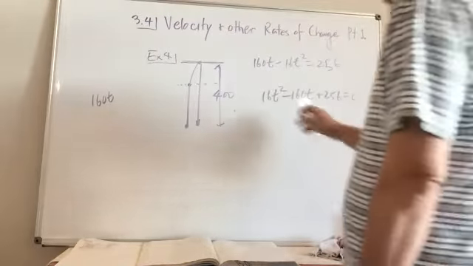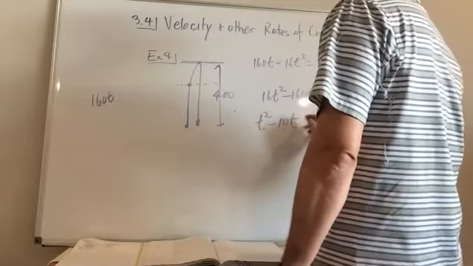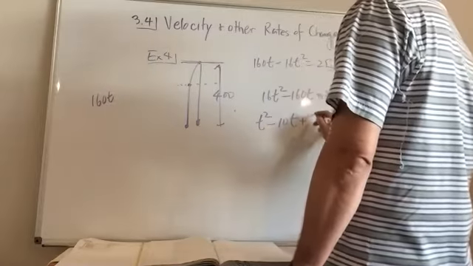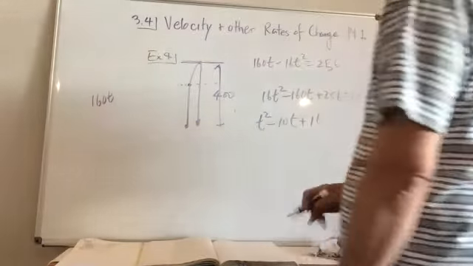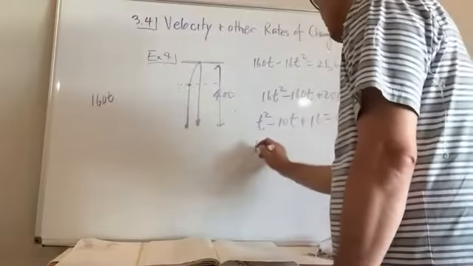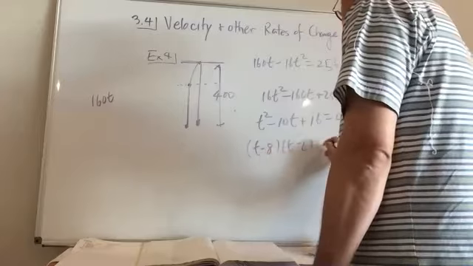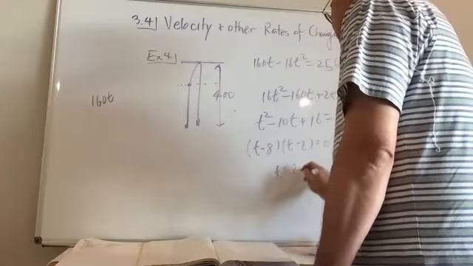It looks like everything's divisible by 16. t squared minus 10t plus 16 is equal to 0. So this is going to be t minus 8, t minus 2 is equal to 0. So t is equal to 2 or 8.